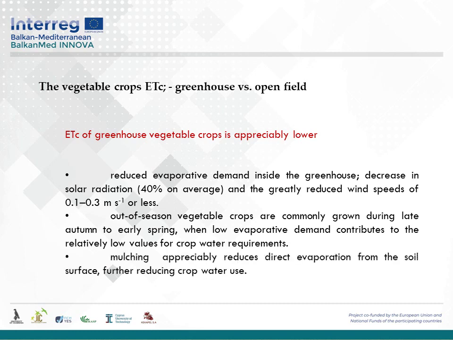And last, commonly we use mulching in a greenhouse environment, and that significantly reduces direct evaporation from the soil surface, and due to that we have a significant reduction of the crop water use under greenhouse conditions.